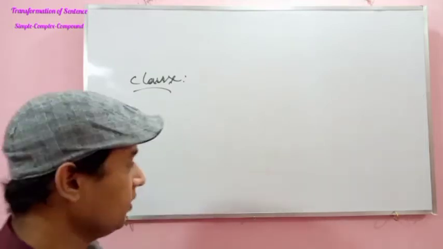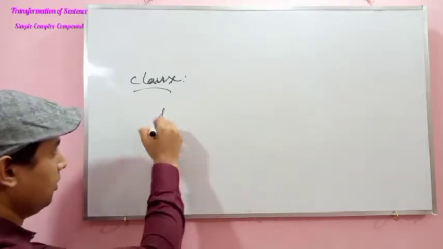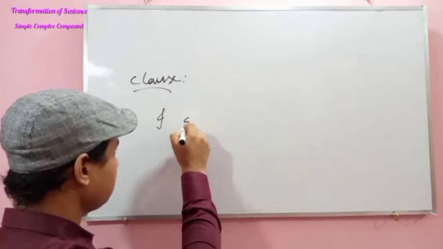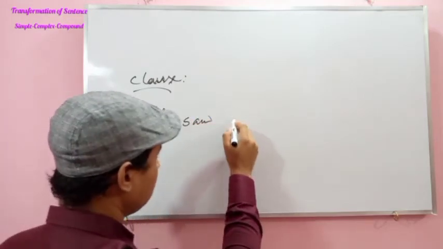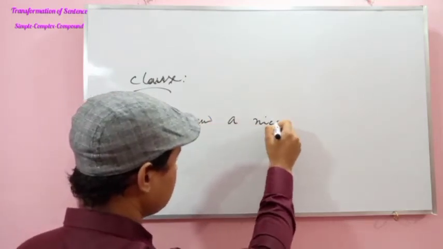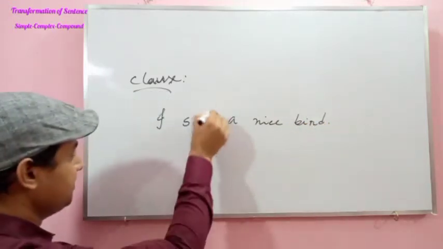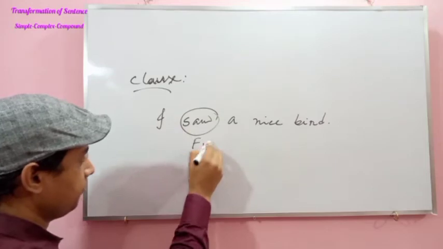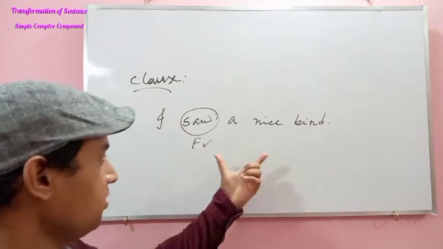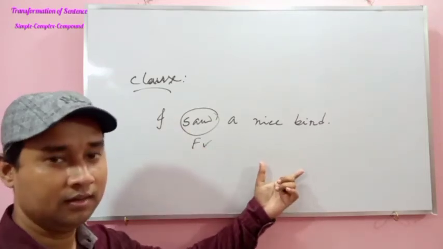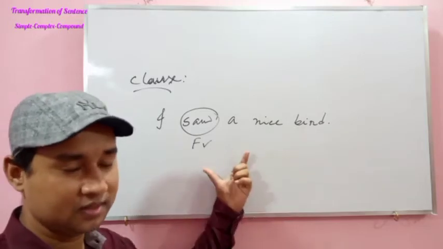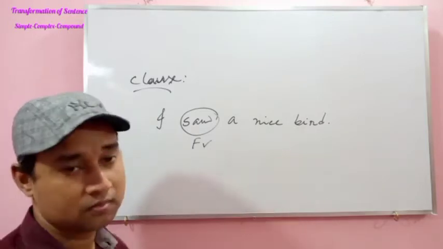An example: I saw a nice bird. This is the finite verb. So when you find a finite verb in a sentence or part of a sentence, it is called a clause.